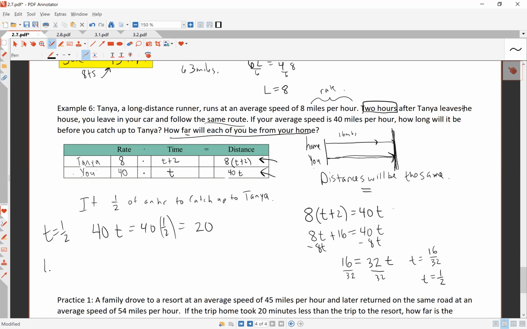Or if t plus 2 gets put in there, 8 times t plus 2, then t is 1/2, so 1/2 plus 2 is 2.5, which we write as 5/2, and that's 8 times 5/2, which is 20 miles. So it takes a half an hour to catch up to Tanya, and we'll be 20 miles from home.